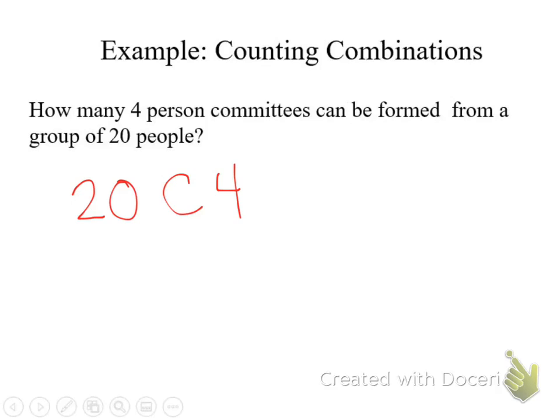There is the option in the math under the probability menu that is nCr, which is the third option down.